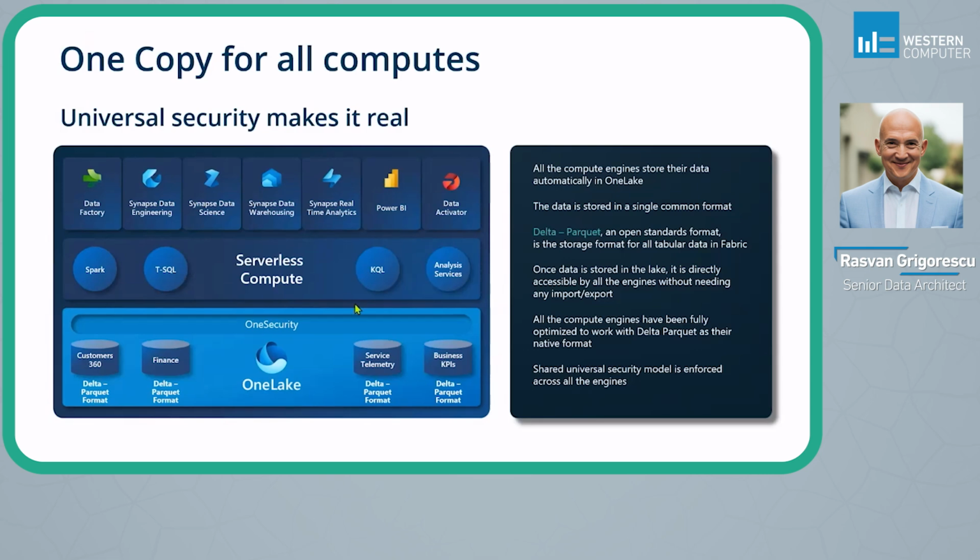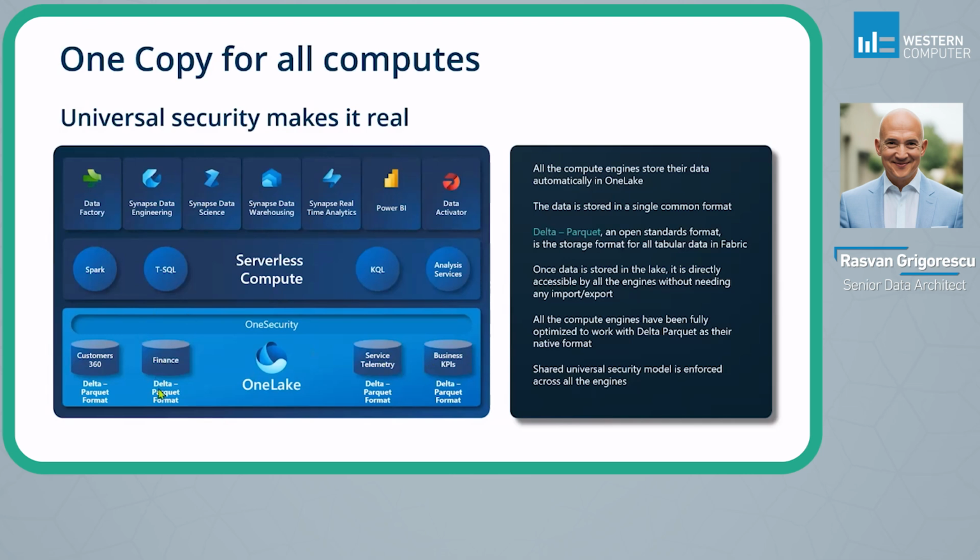We have a Kusto query language, or KQL, for telemetry data. And we can also have Analysis Services as another computing engine. All these computing engines seamlessly, without any transition, use the same OneLake data, whether that's finance or customer data or service telemetry or business KPIs.